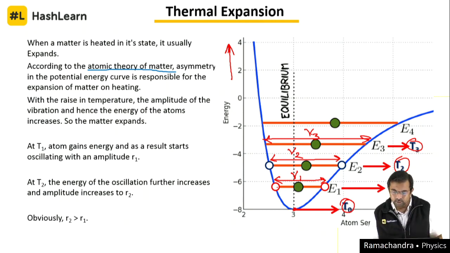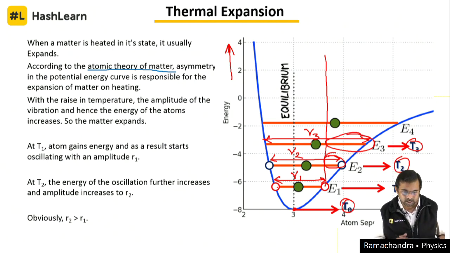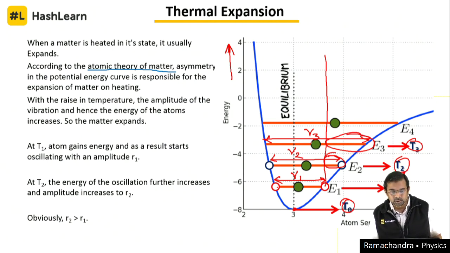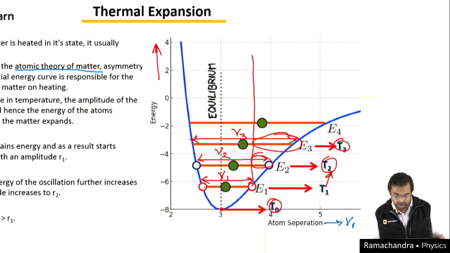So this is the reason, because of this asymmetry, you can see that this is the asymmetry part here. It started with this one, but with every increase in temperature, this much of extra amplitude is being gained. So because of which, on giving thermal energy, they start moving away from each other because of the huge amplitude of their oscillations.